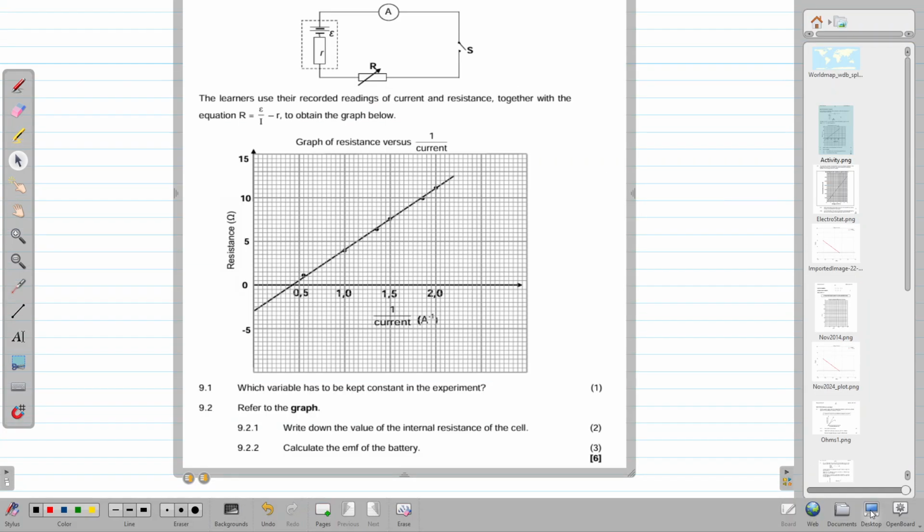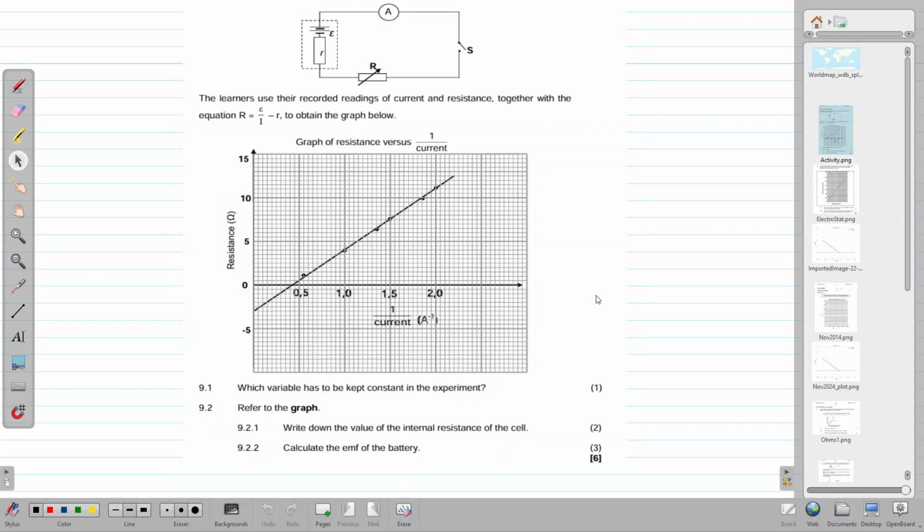In order to answer this question, we must look at the divisions. The division goes as follows. On the y-axis, we have 0, then 5, 10 and 15.